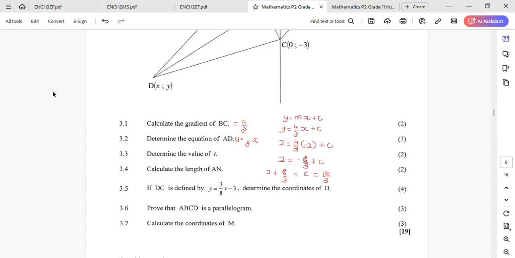So our final equation is going to be y equals 4 over 3x. Yeah, so nothing changed. It is 4 in the numerator. 4 over 3x plus the value of c, which is 14 over 3. Okay, let me erase this part.